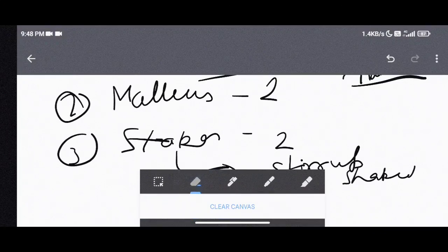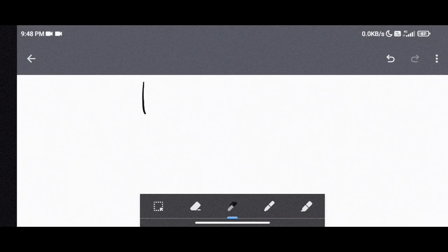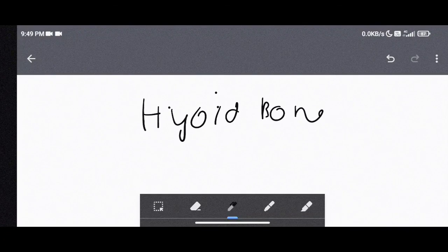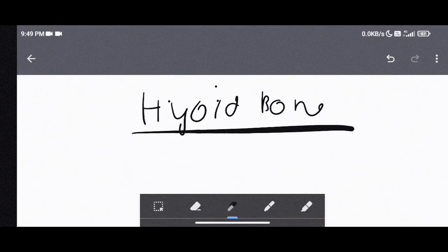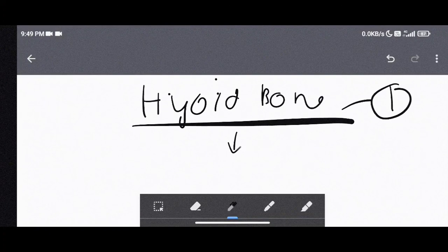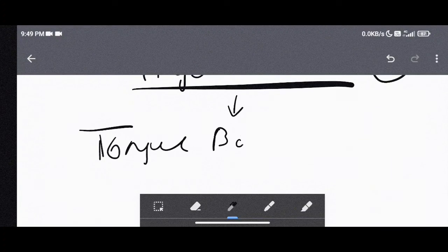The last part of this classification is the hyoid bone. The hyoid bone is only one, and it is also called the tongue bone.